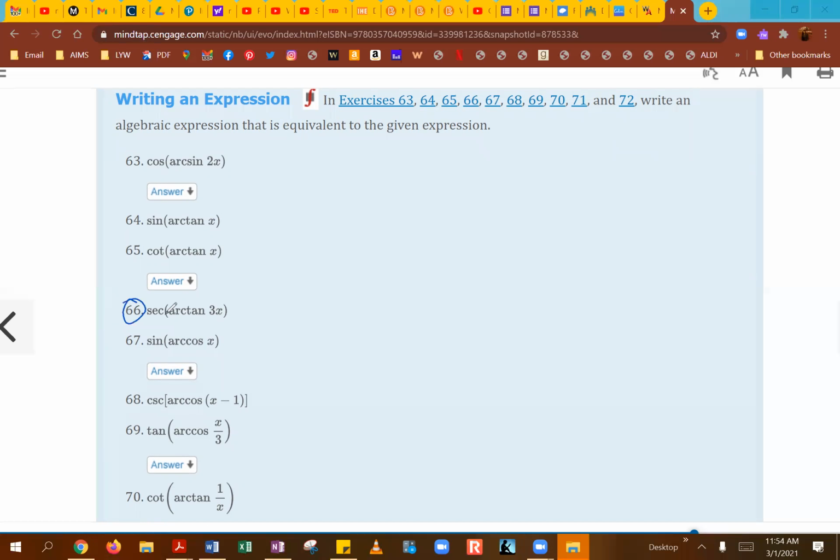So this time you will see we have secant of arctangent of 3x. So how do we come up with the algebraic expression for our secant function over here? So let's go ahead, write this guy down. So secant arctangent of 3x.